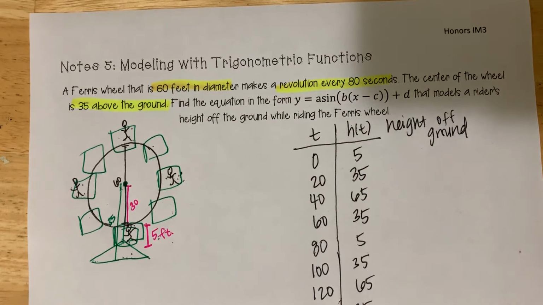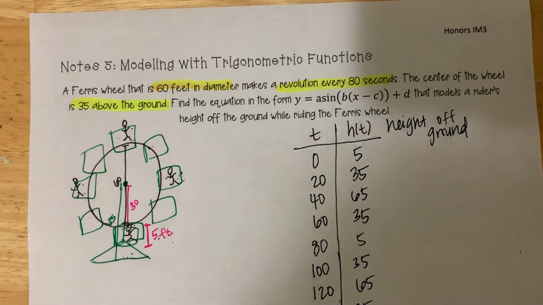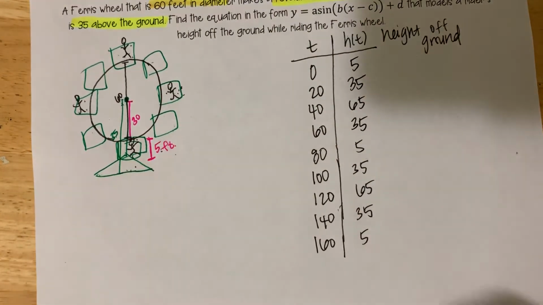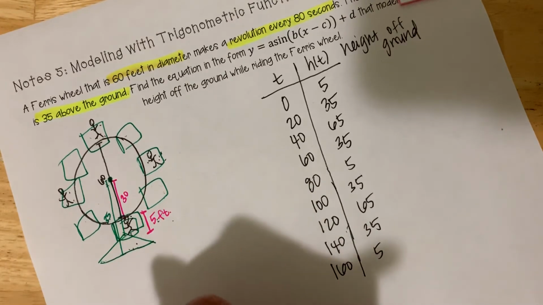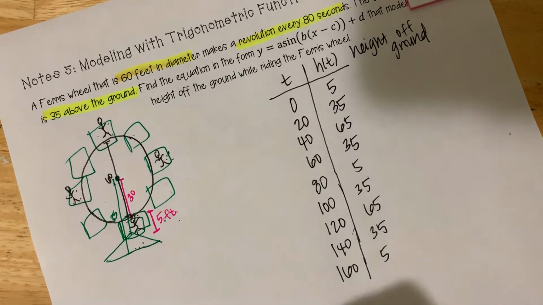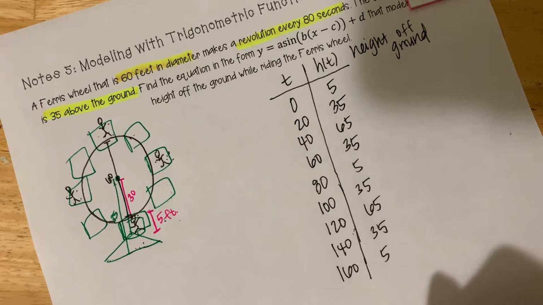So let's go ahead and graph this to see what it looks like. Draw this a little bit bigger. 20, 40, 60, 80, 100, 120, 140, 160.